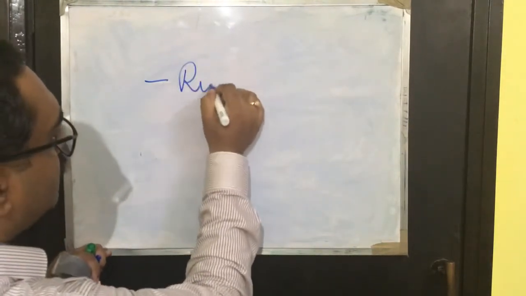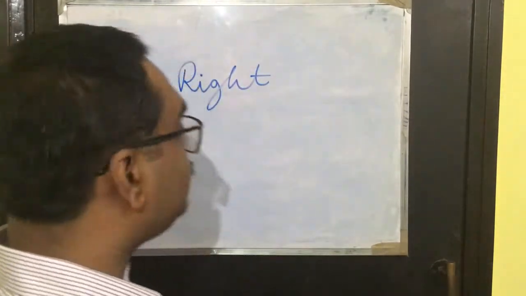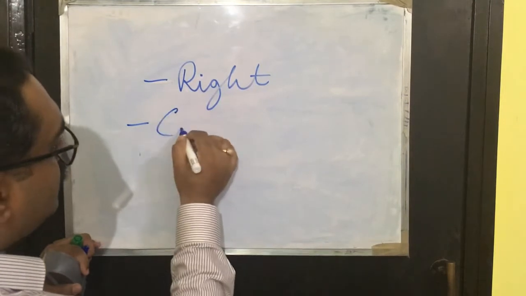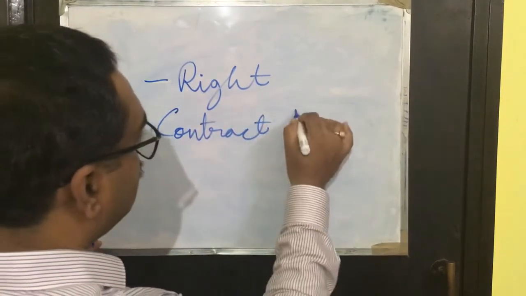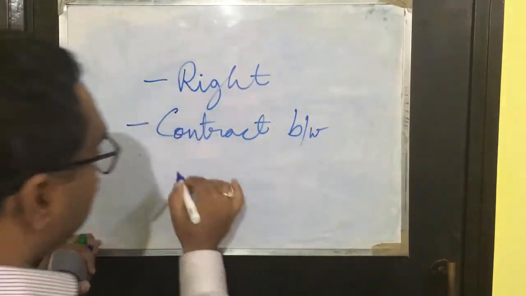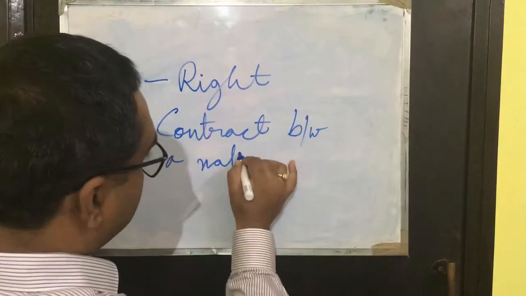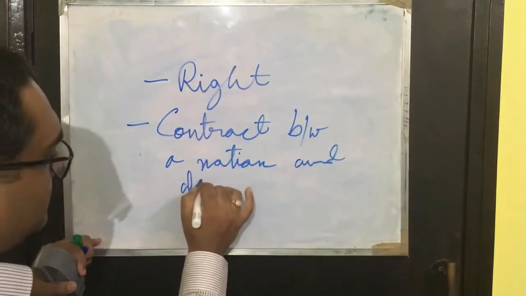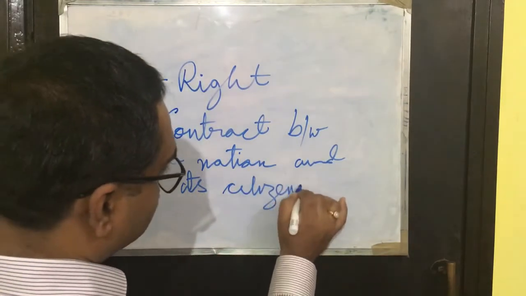Secondary education can be considered as a right as well as a contract between a nation and its citizens.